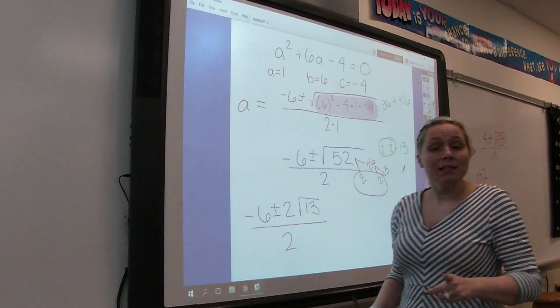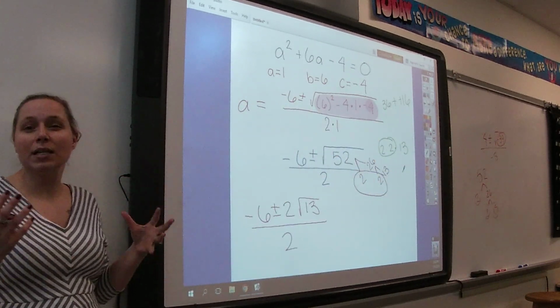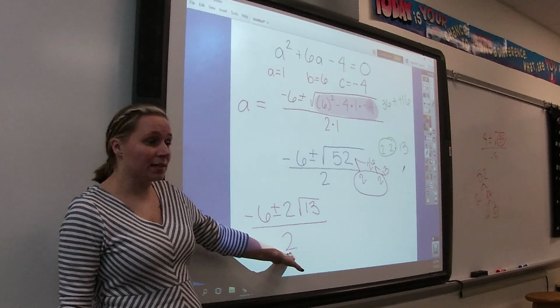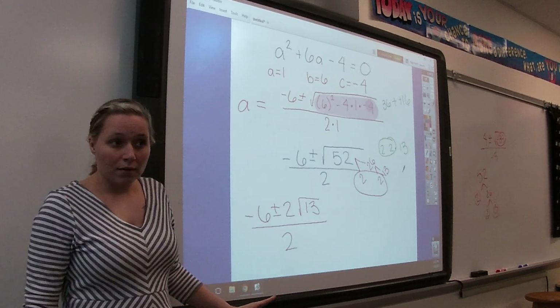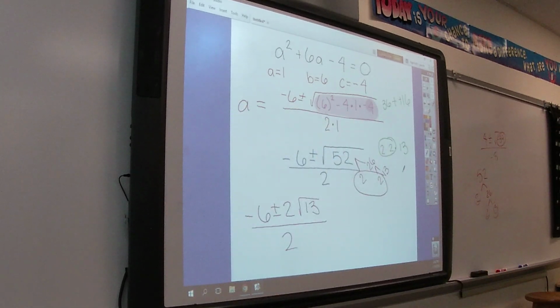Okay, now the last step here that we haven't touched on yet is that we can't forget our basic reducing math rules that we already know about fractions. We know when we divide by something, we divide every single term by it. Okay, outside numbers go together, but we can't mix it with inside numbers.